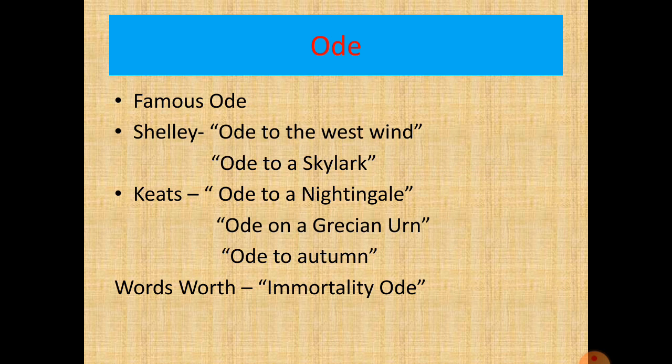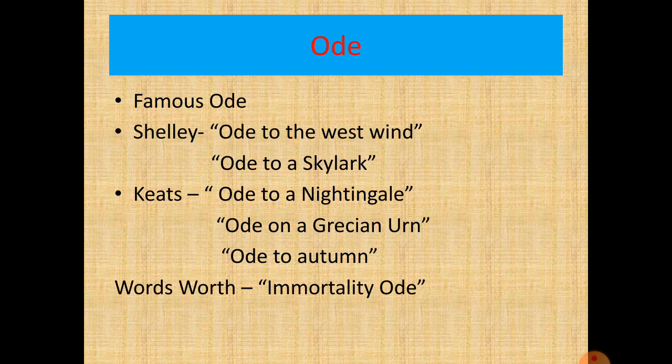But in Wordsworth's Immortality Ode, you can observe irregular stanzas, meaning some stanzas are short and some are long. Thus, this kind of ode is known as irregular ode.